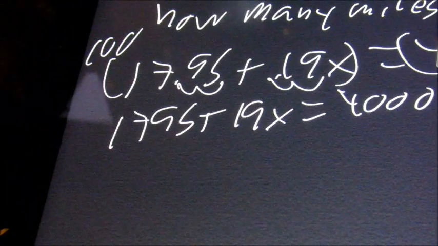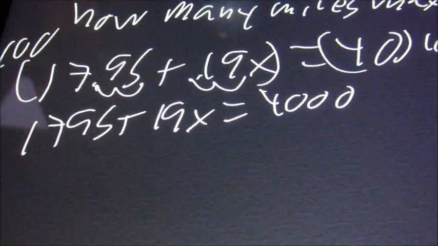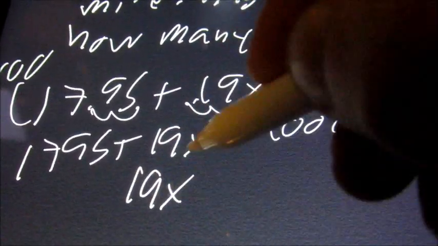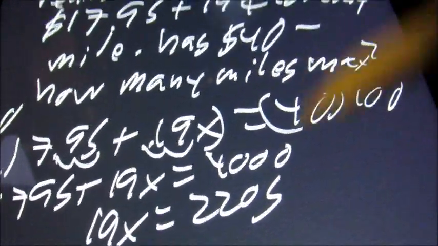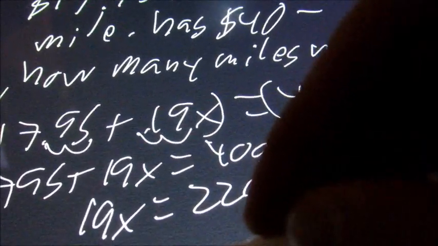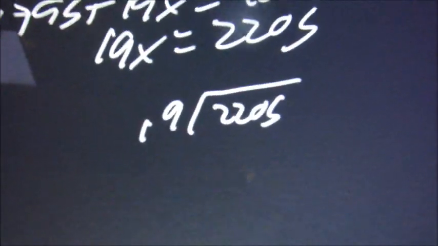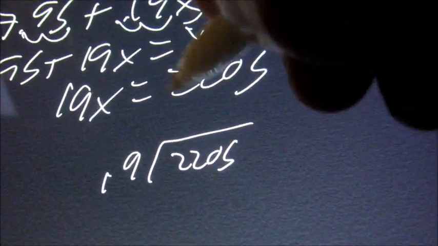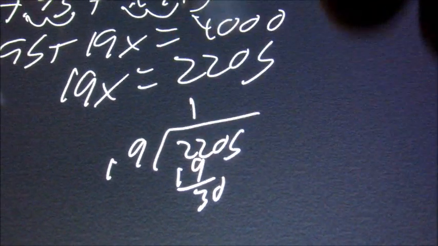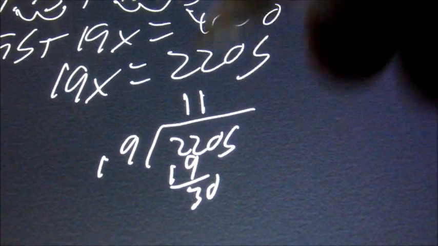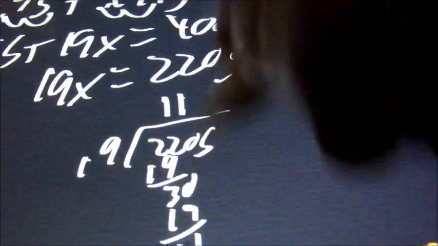So now I'm going to subtract the 1795 from both sides. I'll have 19x equals 2205. Divide 19 into 2205. 19 will go into 22 one time. We have a 3 remainder. 19 will go into 30 one time. Have 11 remainder.